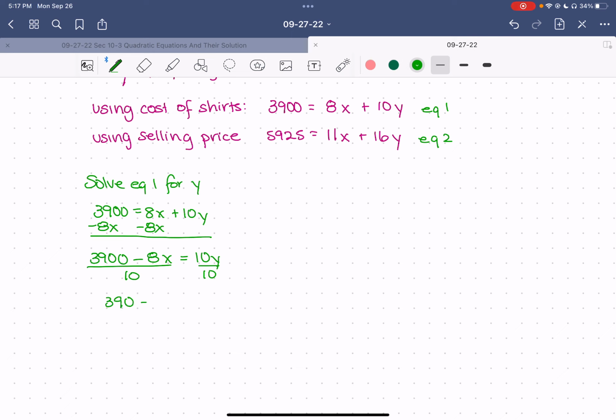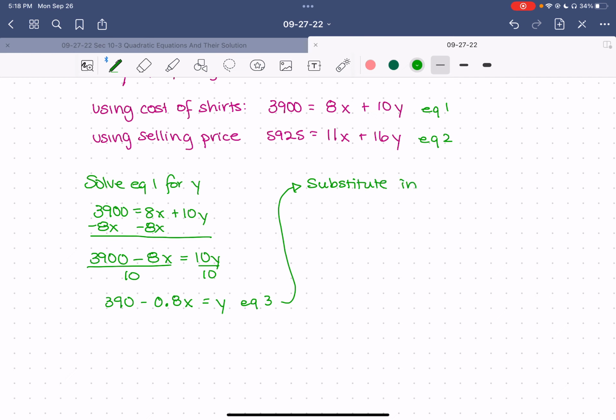And 8 divided by 10 is 8/10. So that's not so bad looking. This is equation 3. Now I'm going to substitute into the other equation, which is equation 2.